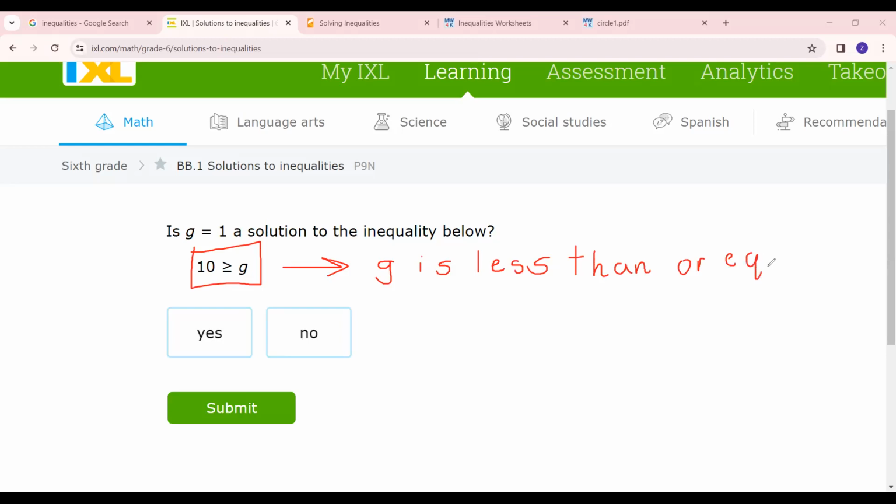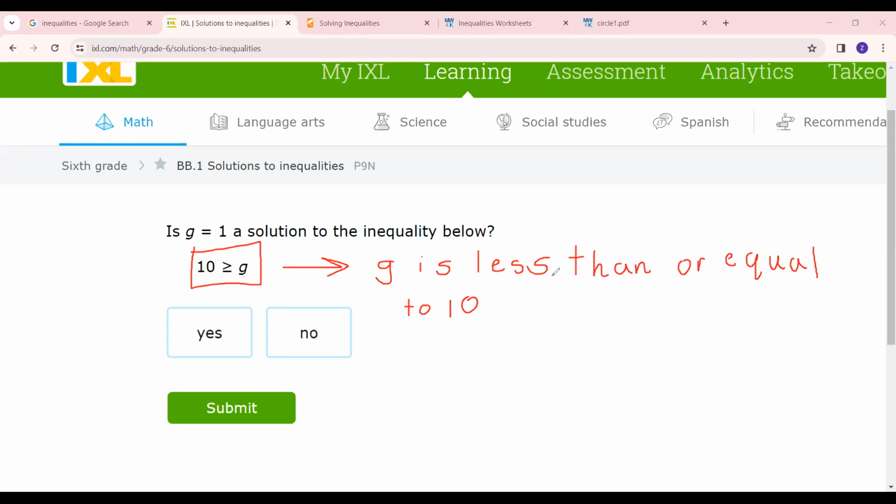If that's the case, if G is less than or equal to 10, my question is, is G equal to 1 a solution to this inequality? You all sound unsure.